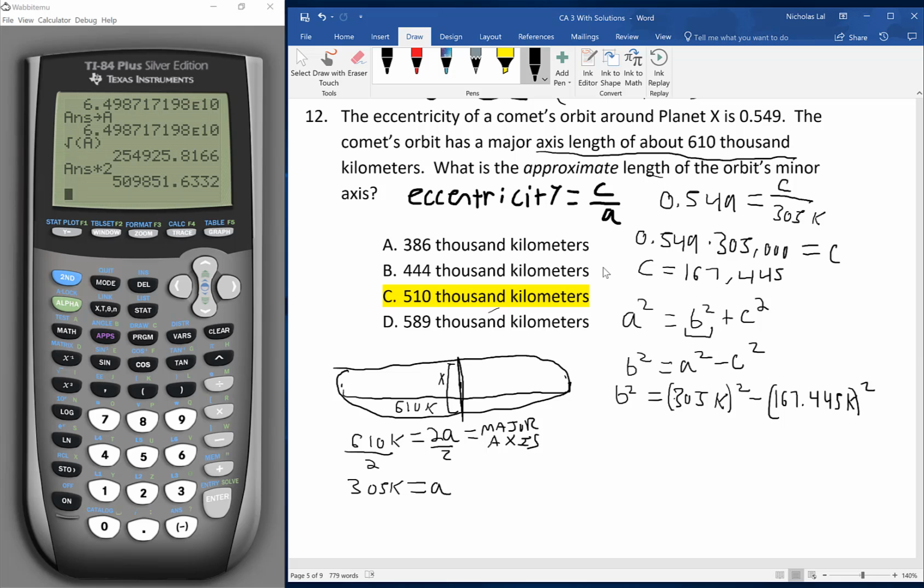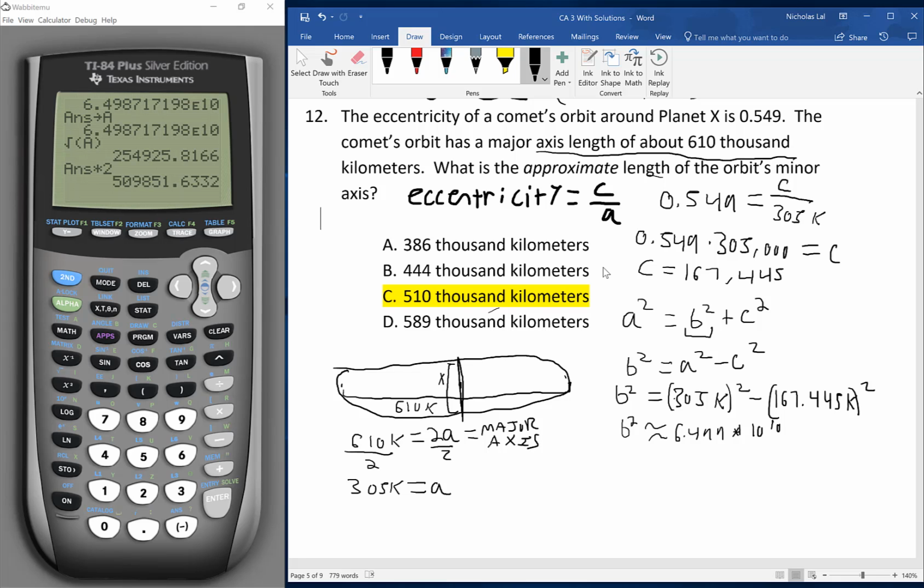And this was approximately equal to 6.498 or 6.499 times 10 to the 10th.